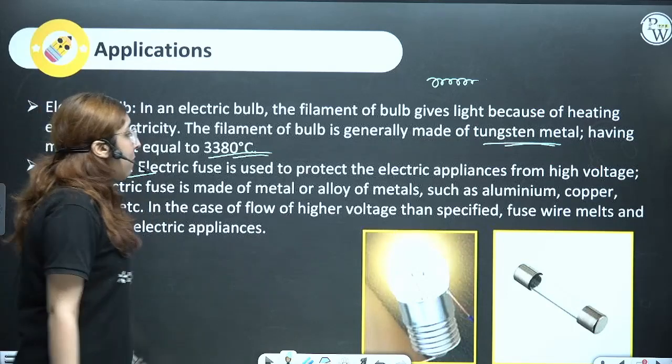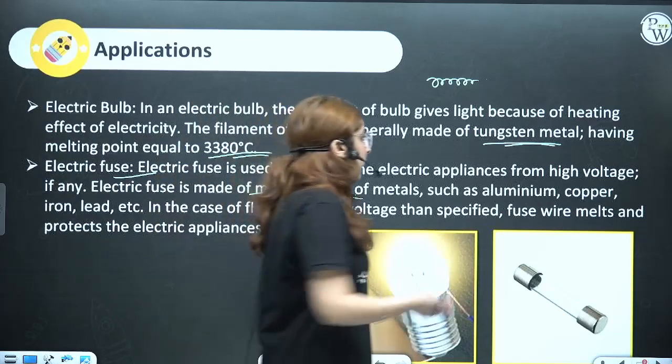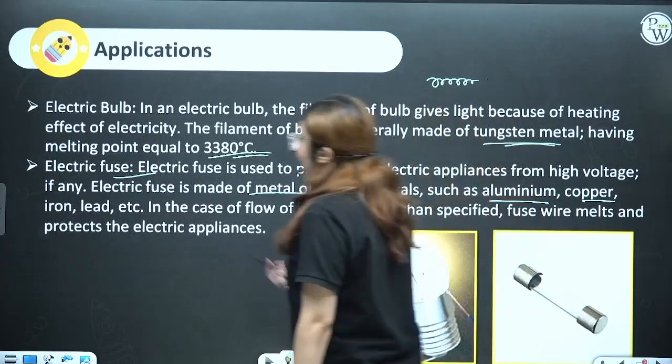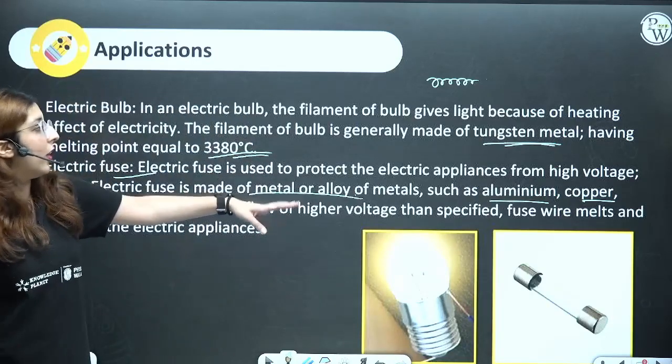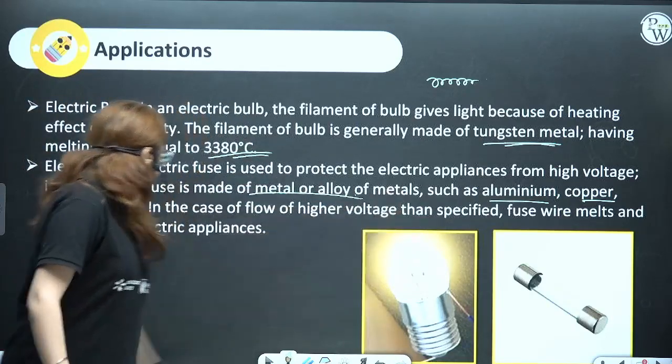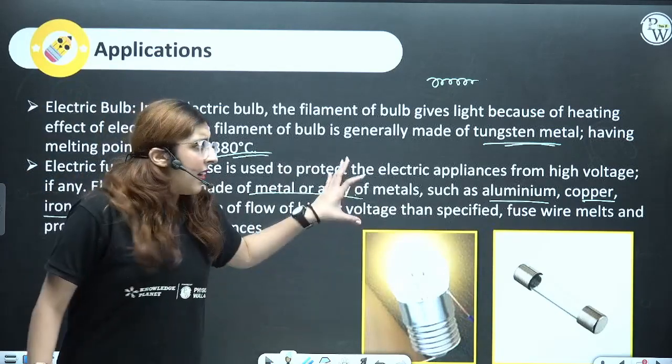It is made up of metal or an alloy of metals such as aluminium, copper, iron and lead. If a higher voltage than specified flows, the fuse wire will melt and your appliances will be safe and sound. Very easy topic.